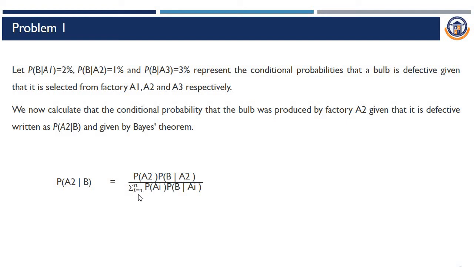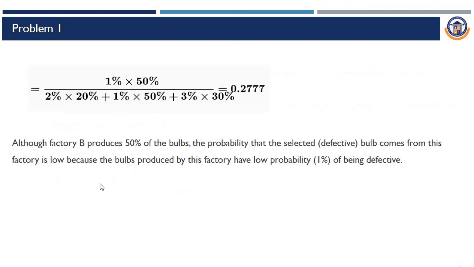In the denominator, we have P(A1) times P(B given A1) plus P(A2) times P(B given A2) plus P(A3) times P(B given A3). The sum of these values is the denominator. Now, substituting all the values from the given problem, we get 0.2777.